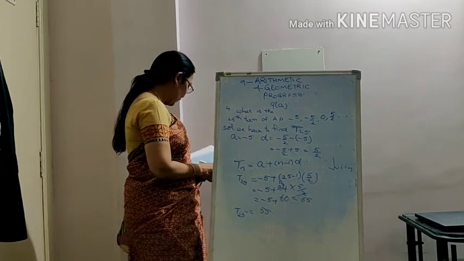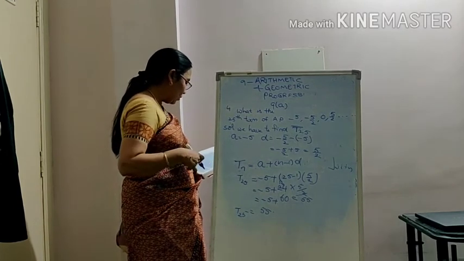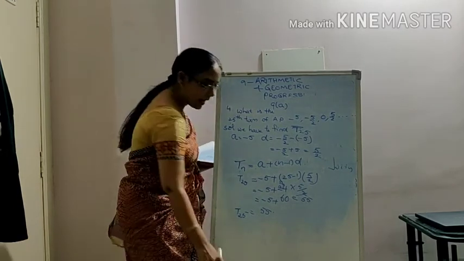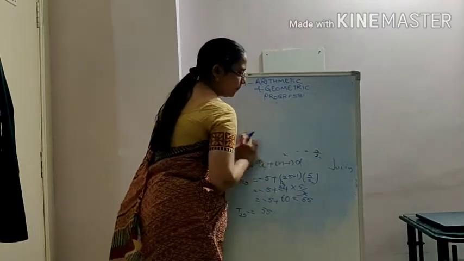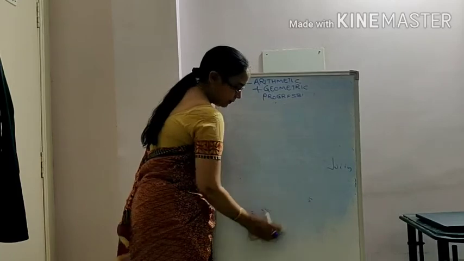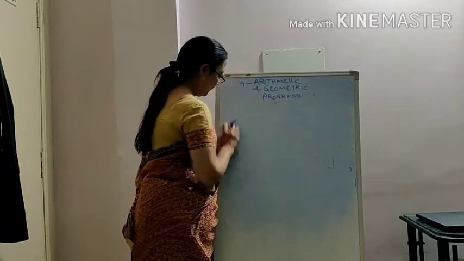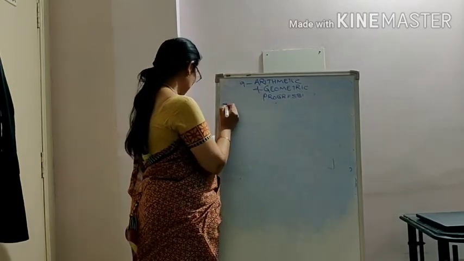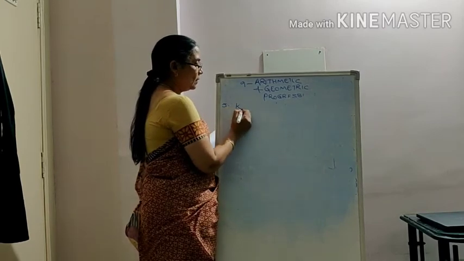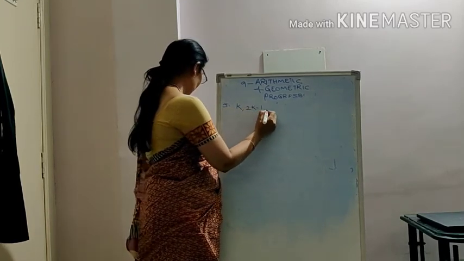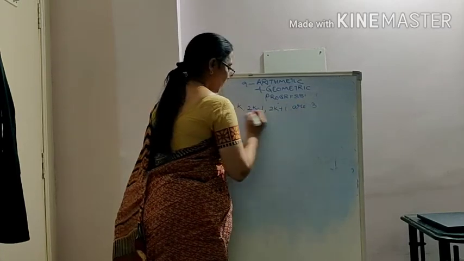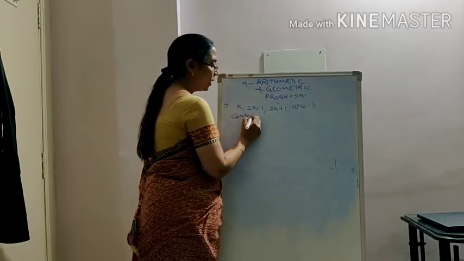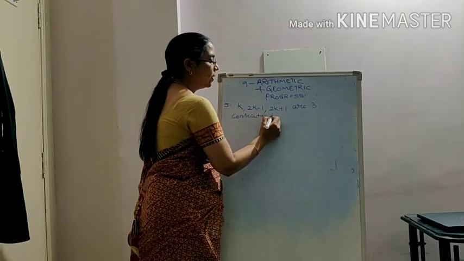This is one question. Now in the next question, question number 5, he is saying that if k, 2k minus 1, 2k plus 1 are 3 consecutive terms.